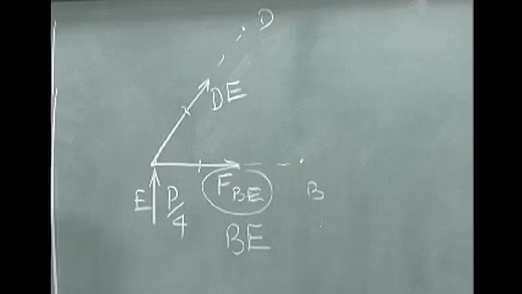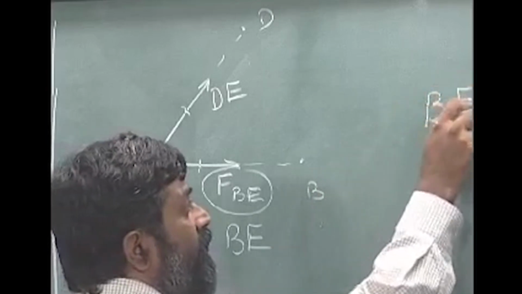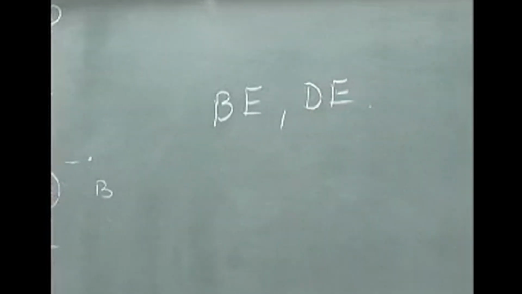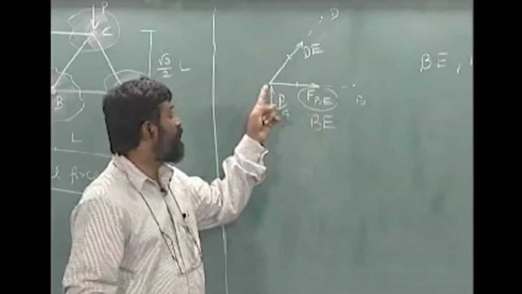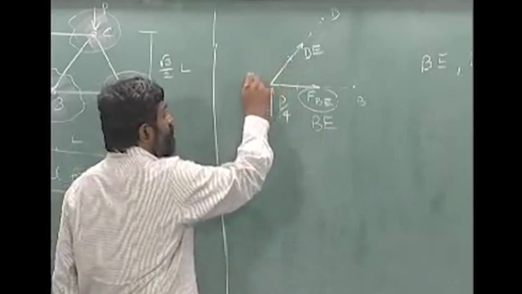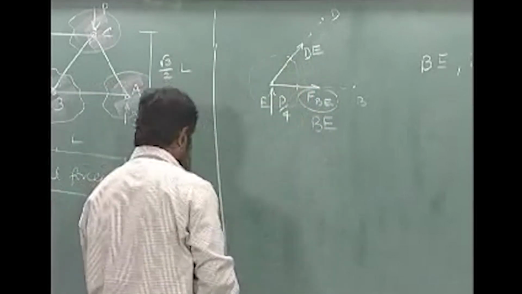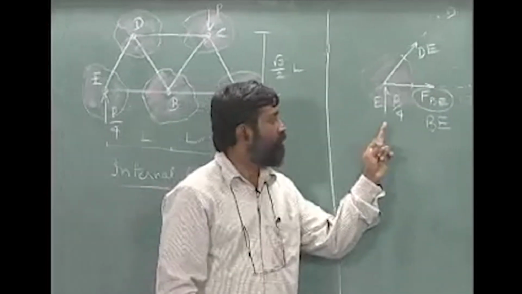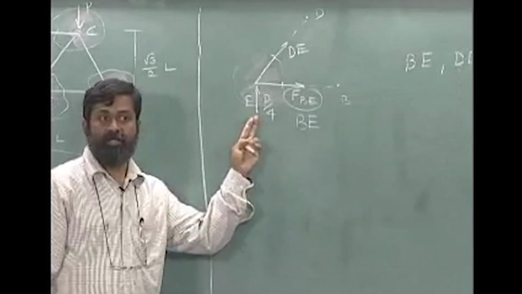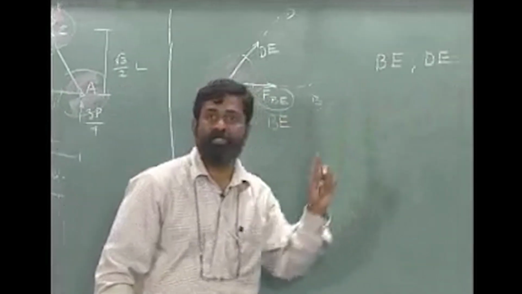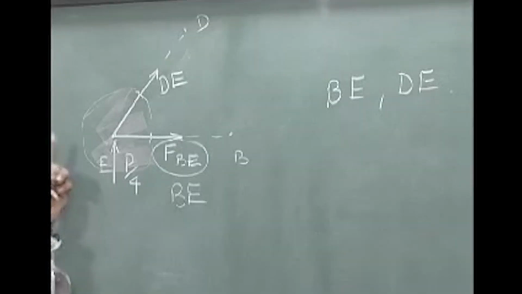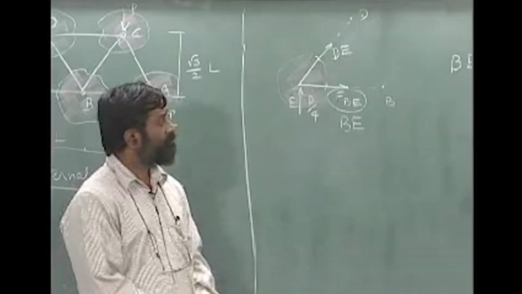There are two forces BE and DE which are yet to be found out, that are acting on this particular free body. Is this clear? Apart from the external force that is already known, these are the two forces that act on it. Okay. If you examine this free body and ask the question, how many equations can I write?